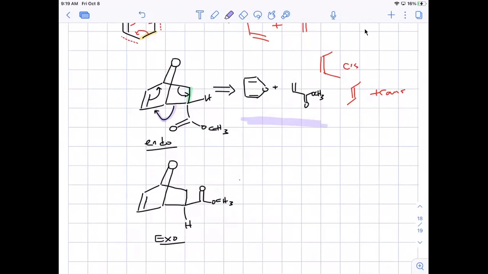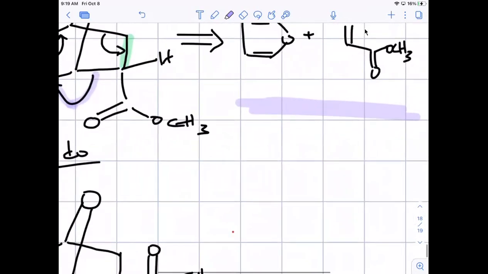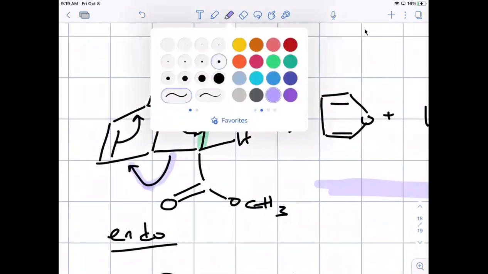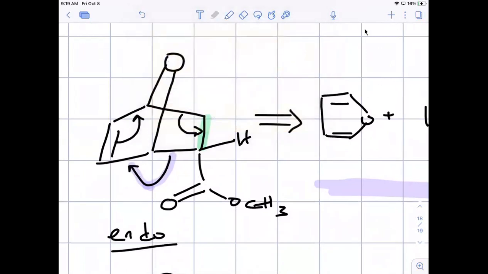Endo, right? Because with the endo, you get these secondary orbital interactions between the alkene right here and the pi system on the carbonyl. Those can overlap, and anytime you can get orbital overlap, that's good. You'll get a simultaneous energy decrease. It might not be a lot, but 1 or 2 kilocalories per mole, and on a molecular level, that's a lot, right?